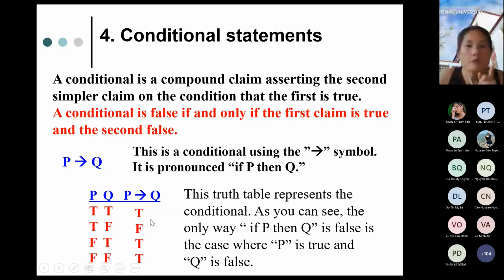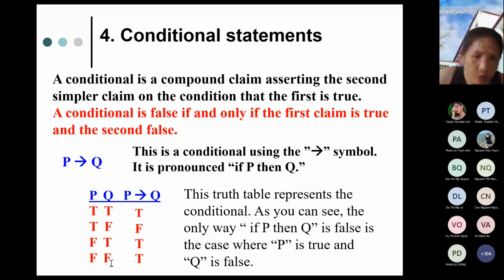And here, the rule for conditional statements is that a conditional is false if and only if the first claim is true but the second is false. So when you look at P arrow Q, P is the first, Q is the second. So P arrow Q will be false if P is true and Q is false.